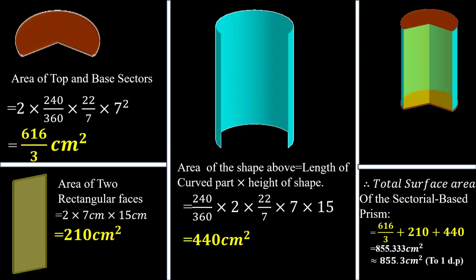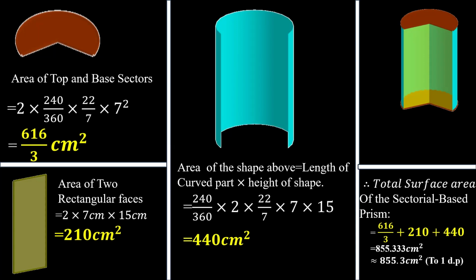The 3 keeps recurring. Rounding this to 1 decimal place as required, or to any given accuracy level, gives us 855.3 square centimeters. So guys, that is the total surface area of this sectorial-based prism.